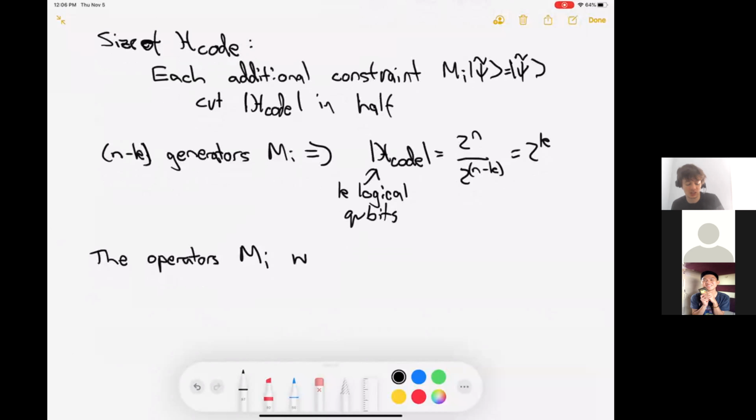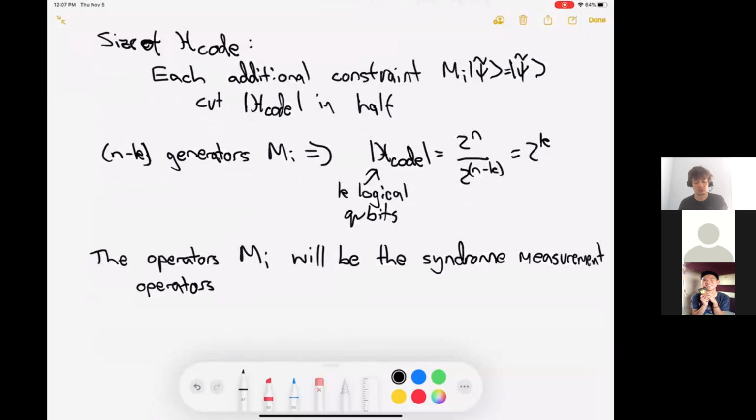Right, so the operators Mi will be the syndrome measurement operators that detect errors. So for example, if we do a measurement of all the Mi's and we get +1 for all of them, then no errors happened, right? Because we're still in the code space.